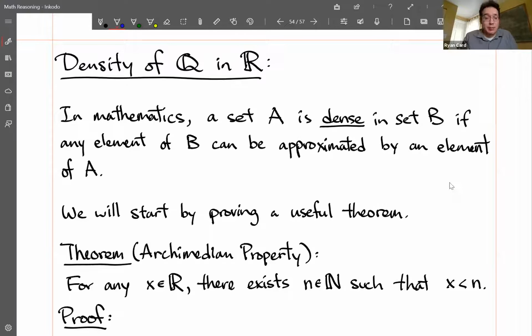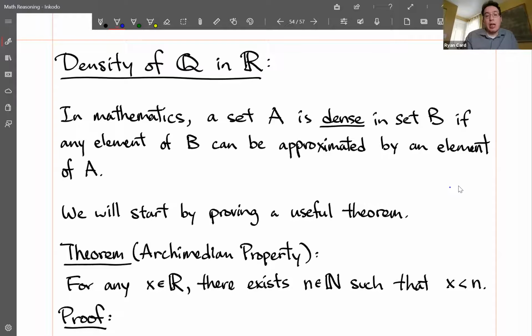That's what it means. Okay, so this is actually a really useful theorem because it gives us a traction into the real numbers. Real numbers are uncountable, so there's too many of them to use the notion of induction. So if you could use rational numbers as a crutch, right?